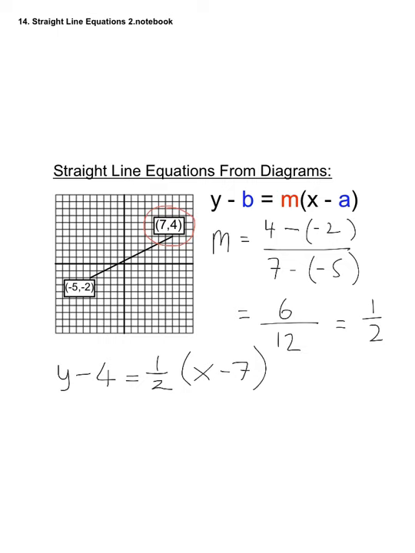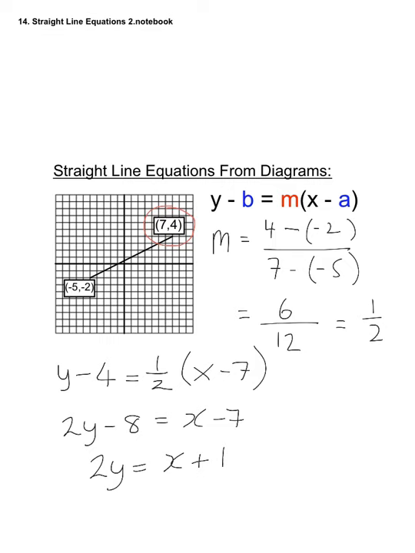The next line of working here is I'm going to multiply both sides of the formula by 2. So I get 2y minus 8 is equal to x minus 7. This is me starting the process of putting the formula back into the terms of y equals mx plus c. If I add on an 8 to both sides, I get that 2y is equal to x plus on 1.